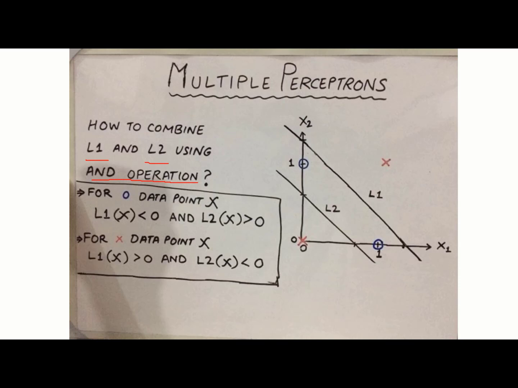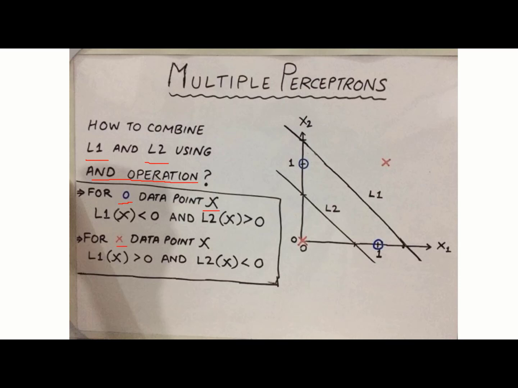And for that, it is important to define certain notation. So we're going to use this capital X to represent a data point. Now this data point can either have the label blue circle or red cross.